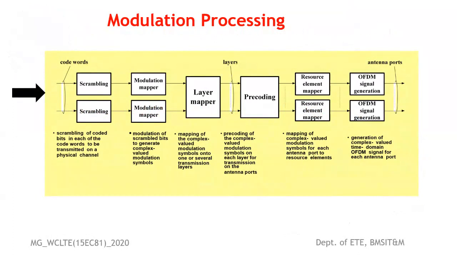This modulation process has 5 stages. One is scrambling, then the modulation mapper, then layer mapping and pre-coding together, known as the MIMO signal processing operation, then the resource element mapping, then the OFDM signal generation. The output of the channel coding process is the code word, which will be applied to the scrambler.